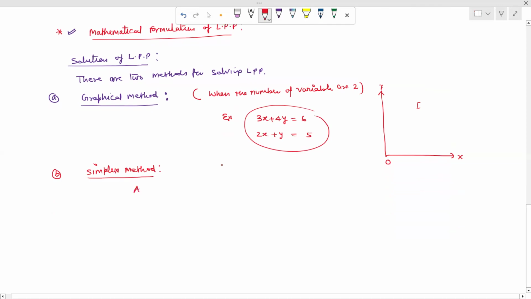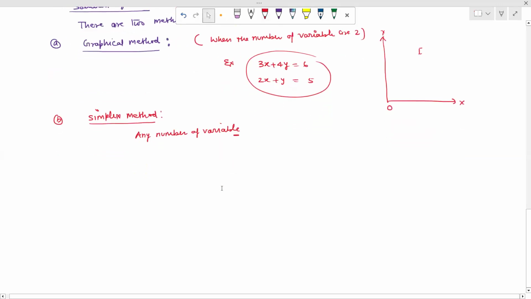Here any number of variables we can solve. If we have to solve a two-variable problem, we will solve that too. If more than two variables are given, we can solve by using the simplex method. So for the first method, we take the graphical method.